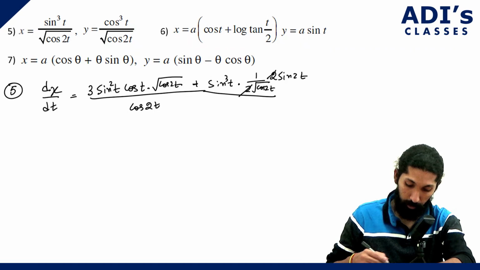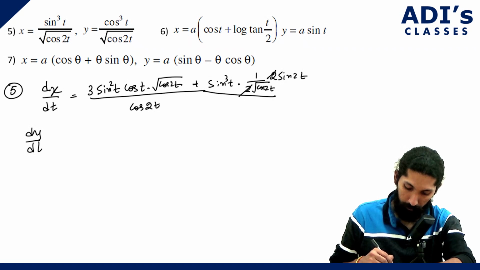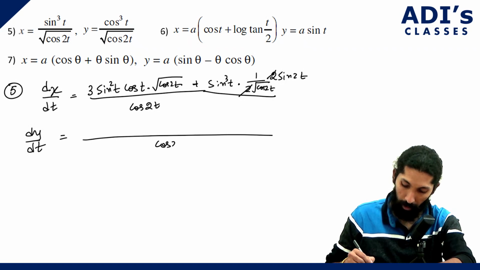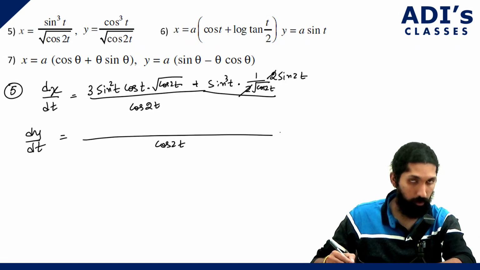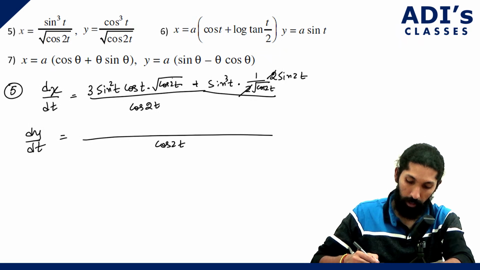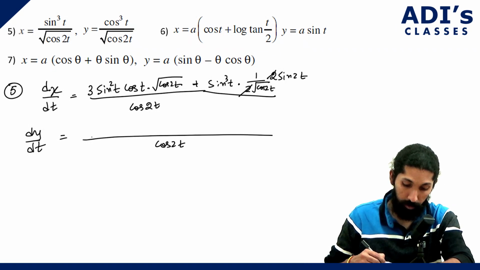Likewise, we'll do for y, dy by dt. Again, cos 2t comes here with no fuss whatsoever. Then after that, what we have is, you have to differentiate the numerator.